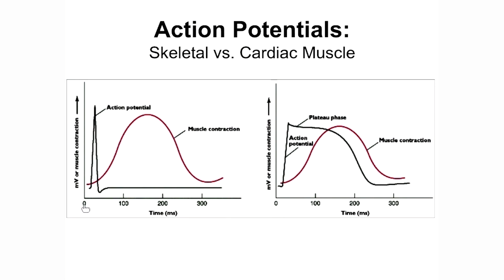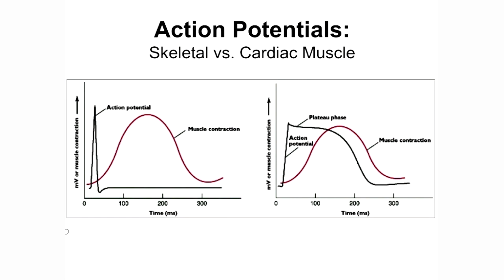So if you look over here and compare it to this action potential in skeletal muscle, you'll notice that the action potential in skeletal muscle takes just a few milliseconds. So it's done and over with really, really quickly. And because it's so rapid, we can send those action potentials, those electrical signals, to skeletal muscle telling it to contract several times a second.